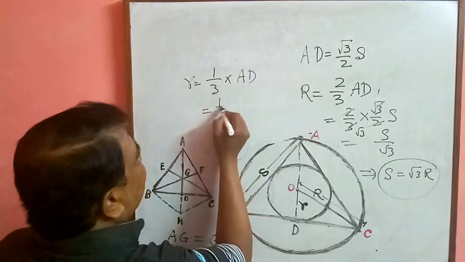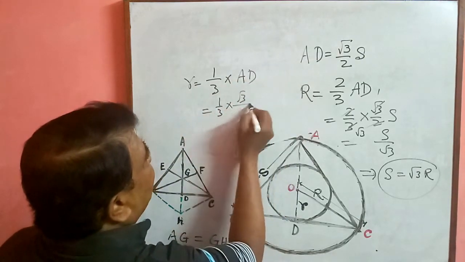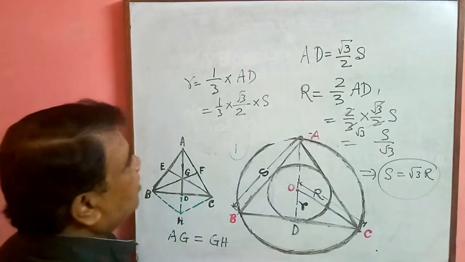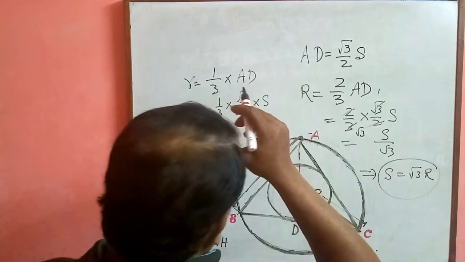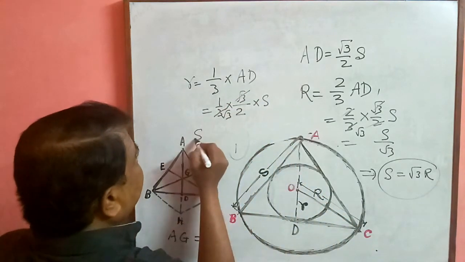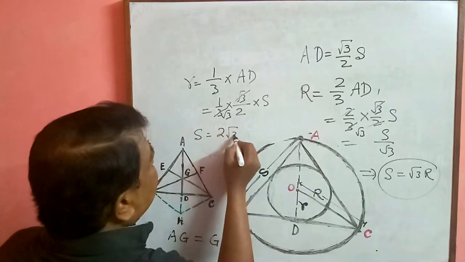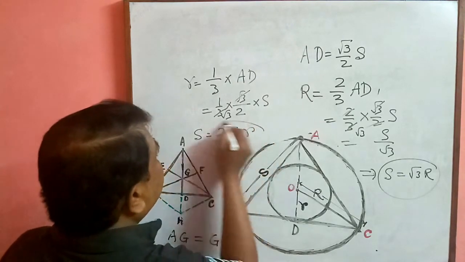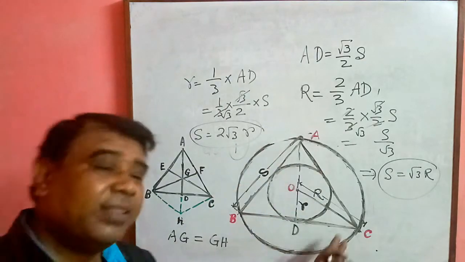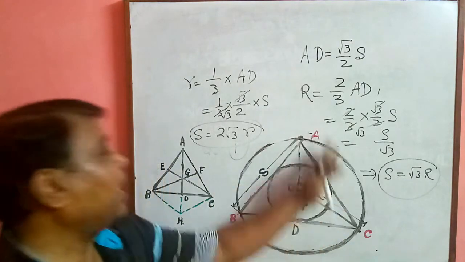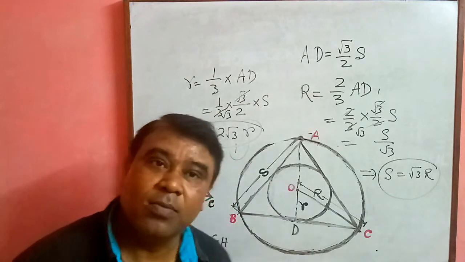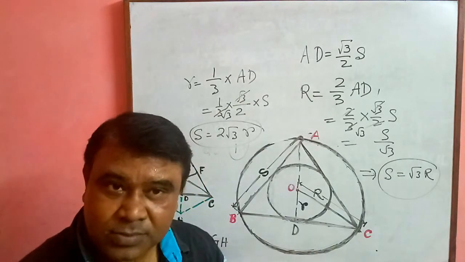And AD is root 3 upon 2 into side, so 1/3 into root 3 upon 2 into side. Root 3 cancels, so side is equal to 2 root 3 r. This is a relation between the circle inscribed in the equilateral triangle and the side of the equilateral triangle. So it will help you solve mensuration problems.